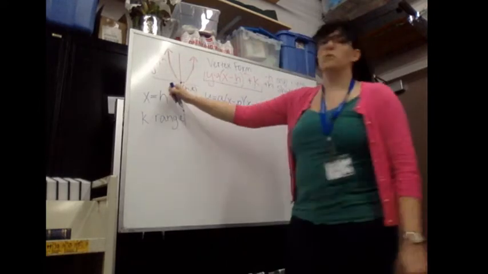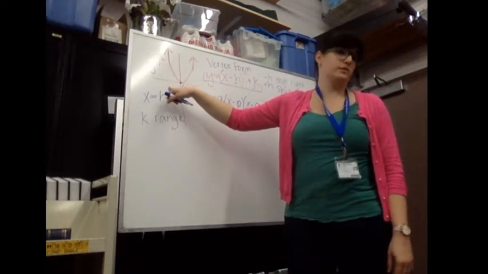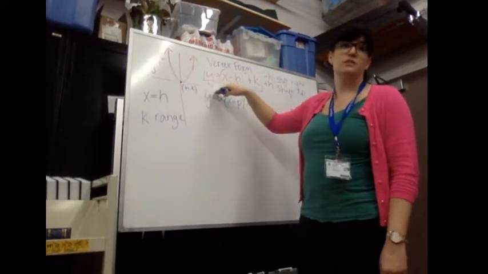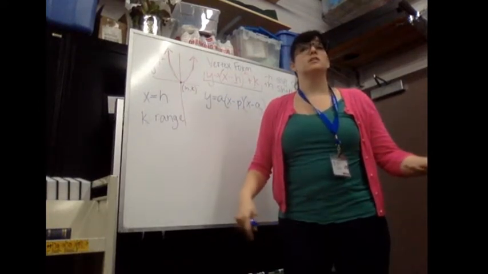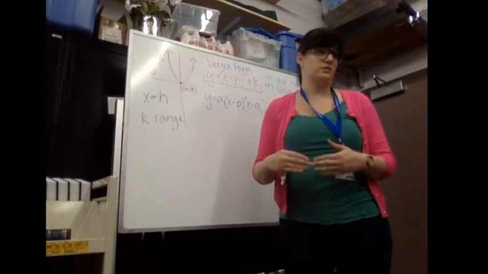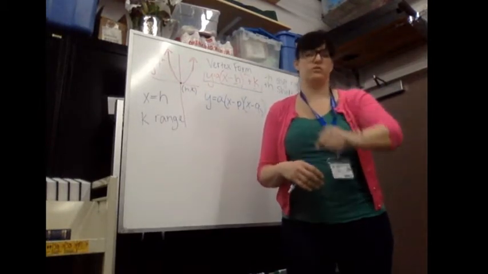If we're going to be looking at where the graph actually touches or crosses the x-axis, what is the y value along the x-axis? Any point on the x-axis has a y value of? How up or down is a point that's on the x-axis? 0. Right. The y value on the x-axis is always 0.